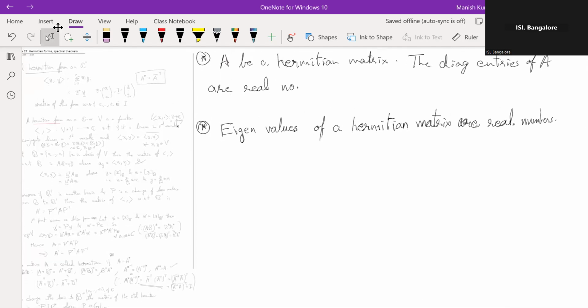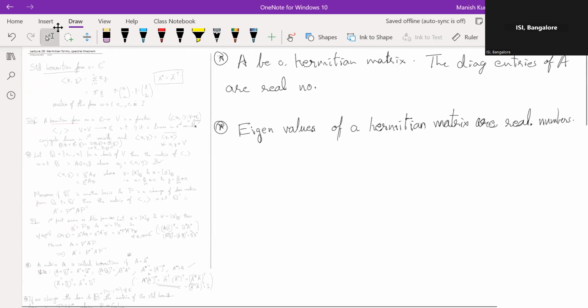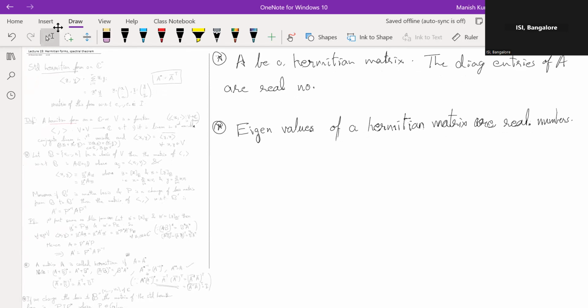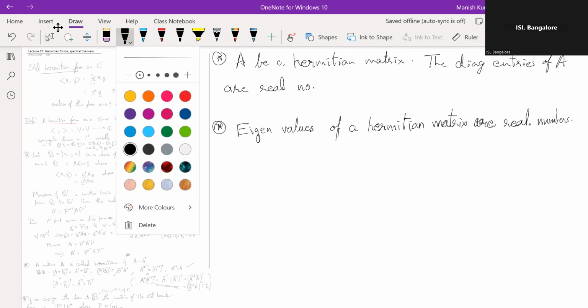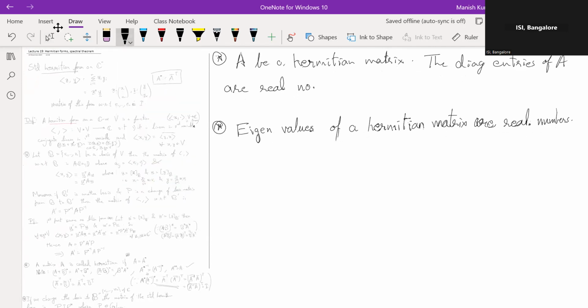So first of all, what is a Hermitian matrix? I did tell you what a Hermitian matrix is: if A equals A star. So if A equals A star, then if you think about it, the diagonal entries of A have to be real numbers. Since A_ij is the same as A_ji bar, you have to do the transpose and then take the bar, and then the matrices are the same.